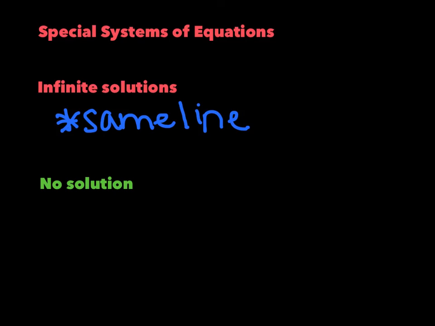So if you graph 2 lines and they make the exact same line, it means that they have many, many solutions that solve the system. So when they have the same line, you would say that it has an infinite number of solutions because the possibilities are endless. They go on forever and ever and ever.